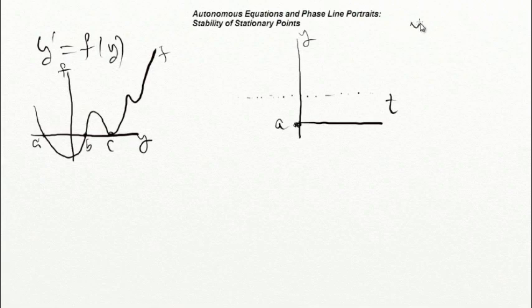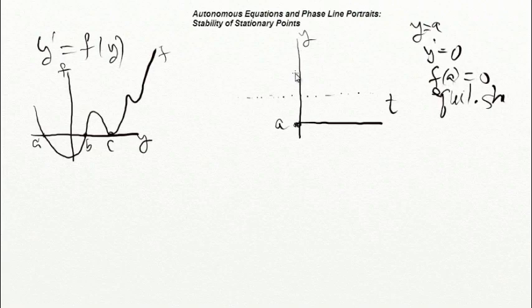If y equals a, then y prime equals 0, and by assumption f of a equals 0. So the function y equals a is a constant solution to the differential equation. It's called an equilibrium solution. And the point a is sometimes called a stationary point.